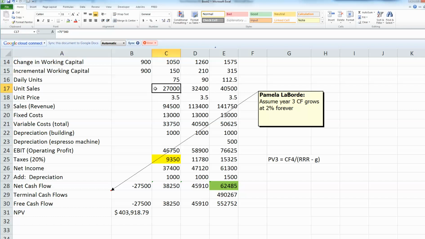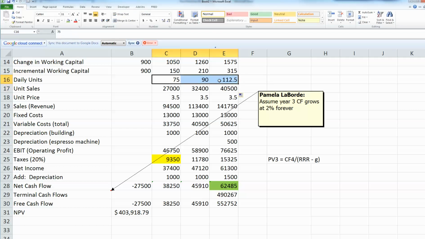And then down here in unit sales, I'm actually going to create a link. I'm going to replace that 75 with a link to the cell that has 75 in it. And I will do the same thing there. So now I've got links to the cells above.